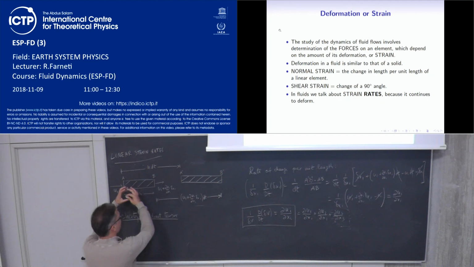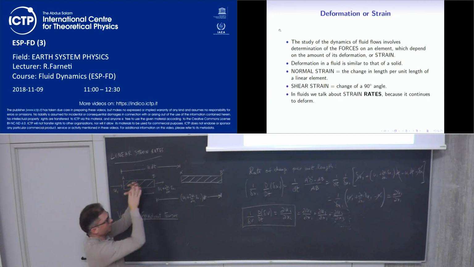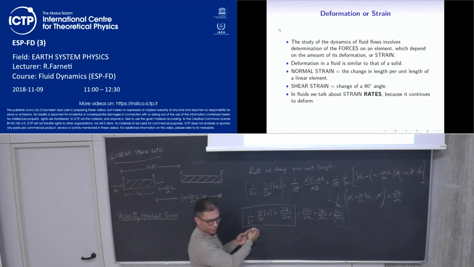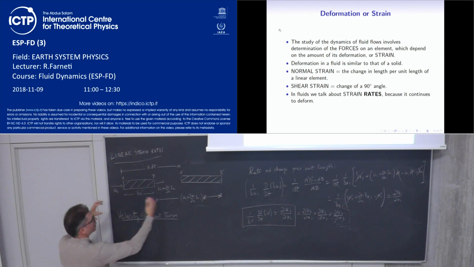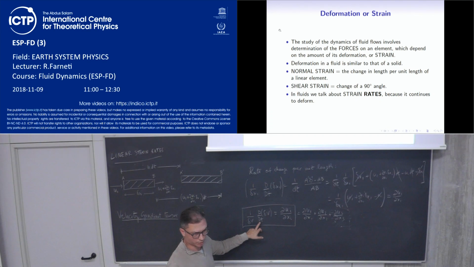So the element of fluid might deform this way, and in and out of the bond, and that will be described by the Lagrangian derivative, the two terms. But what I see is these three deformations, in x1, in x2, and in x3, and I can describe that through the Lagrangian derivative.